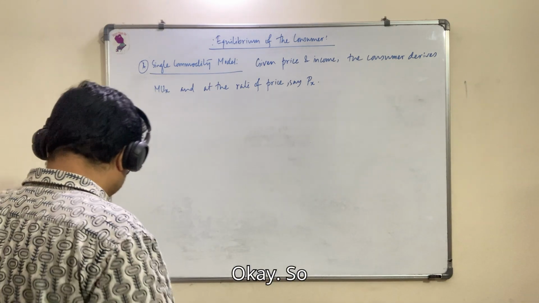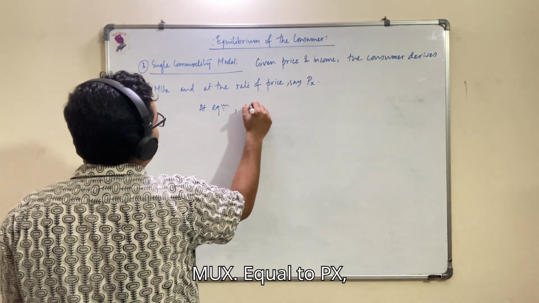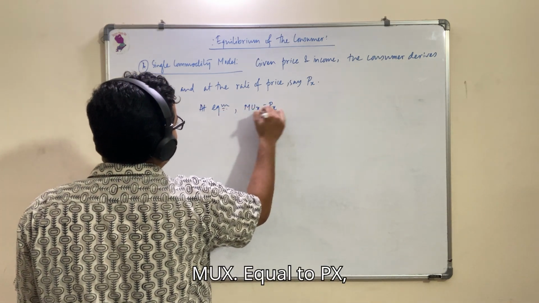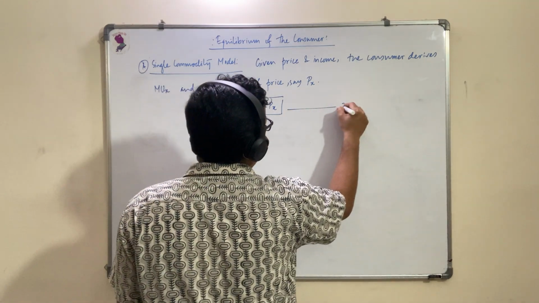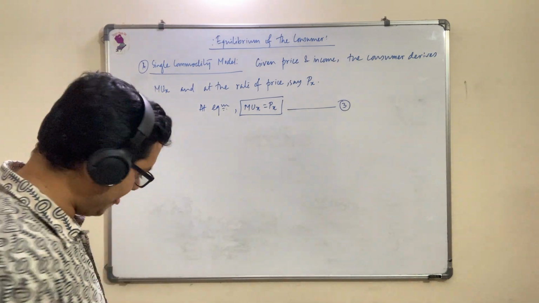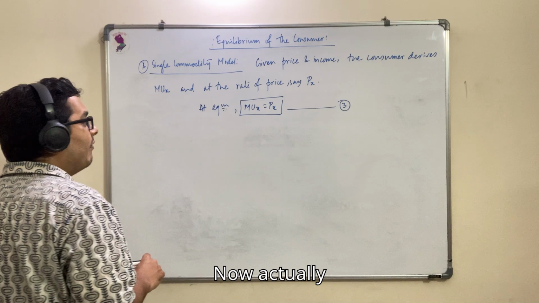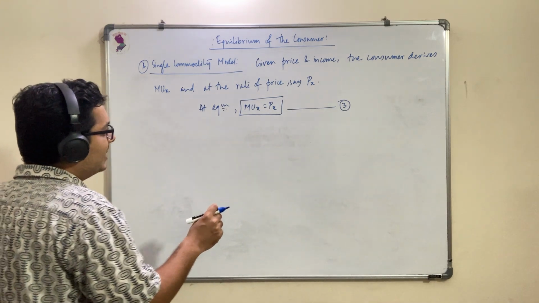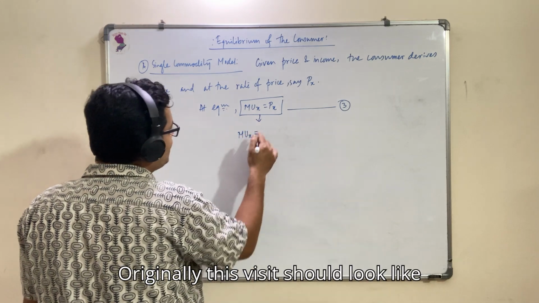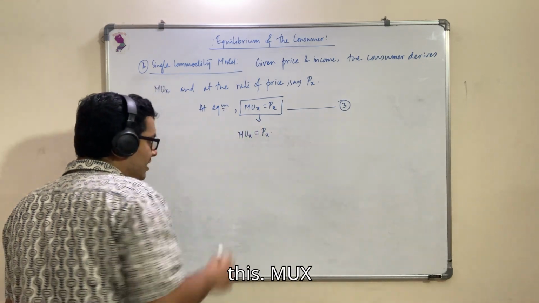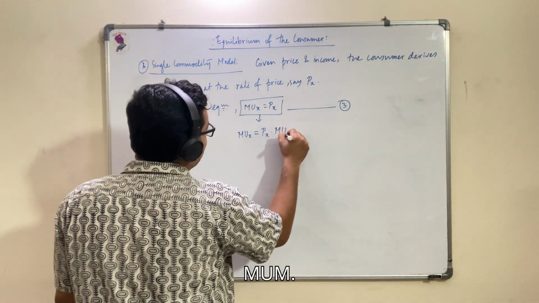Okay, so obviously at equilibrium MUX equals Px, the central result of this model. Okay, now actually this result, originally this result should look like this: MUX equals Px into MUM.